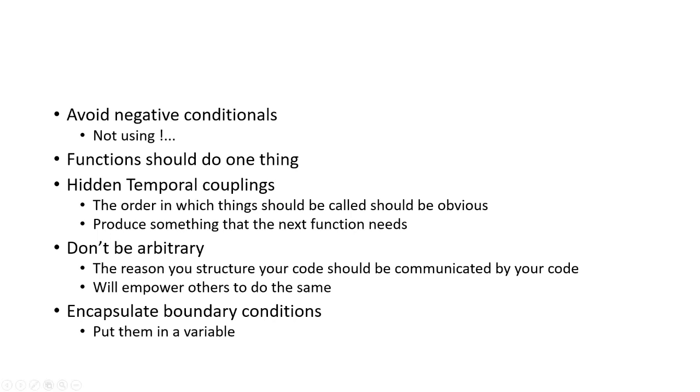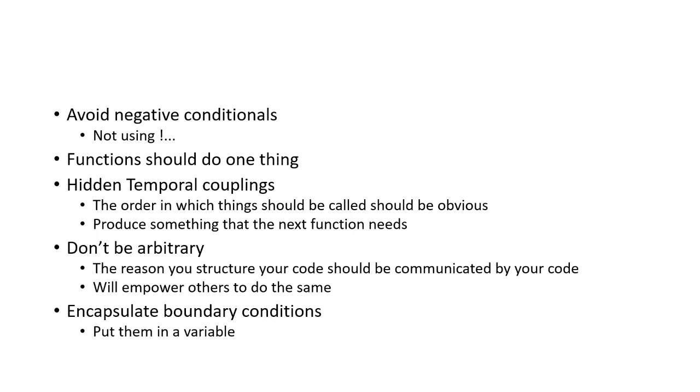Next up, encapsulate boundary conditions, put them in a variable. So the boundary conditions, like the ending of lists, is a boundary condition. The beginning of lists is maybe a boundary condition on one spectrum. And essentially what he's saying here is, how we said encapsulate conditionals?